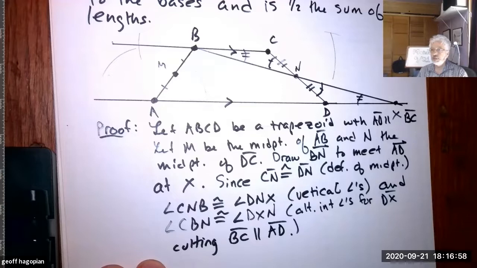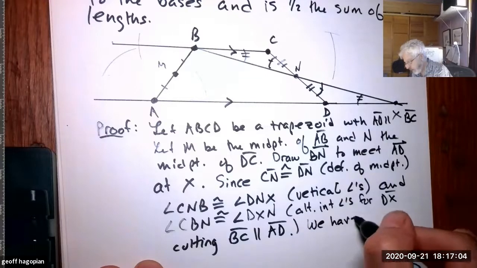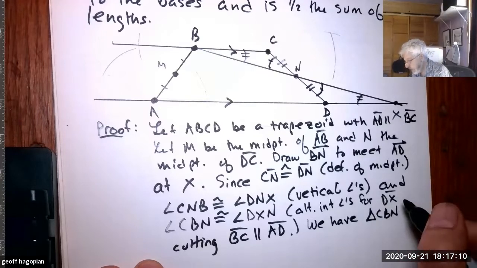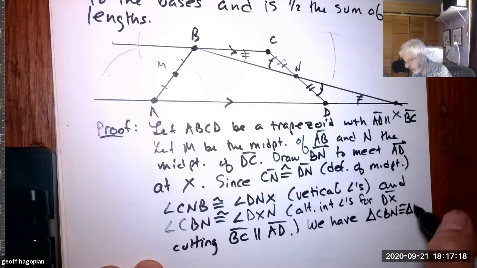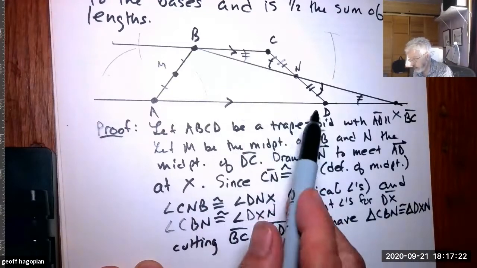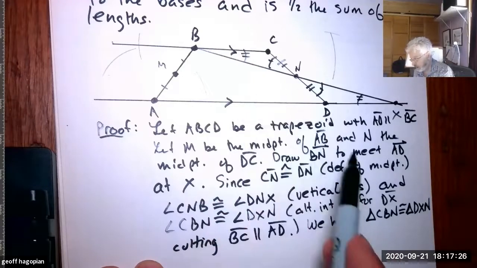And so now we have triangle CBN is congruent to triangle DXN, where in fact C is congruent to D. We didn't establish that, but we get that because they're corresponding parts.